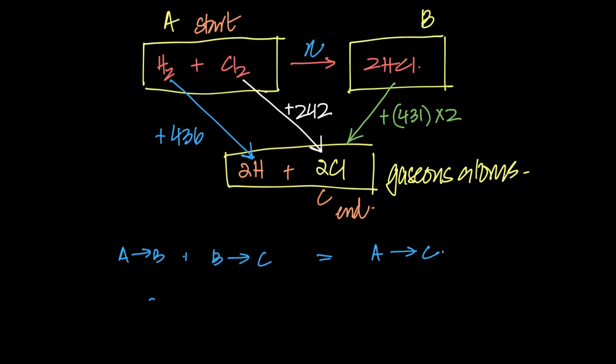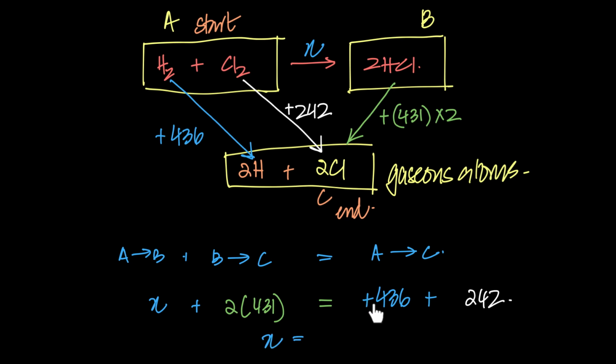A to B is our unknown X. B to C is 2 times 431. In this method, they're all endothermic arrows, except for whatever X comes out to be. And A to C is 436 plus 242.